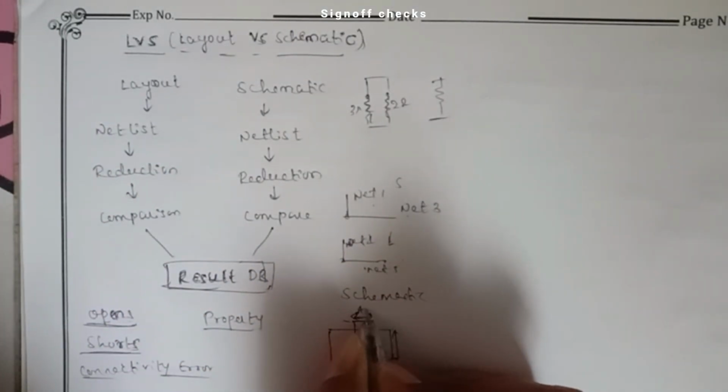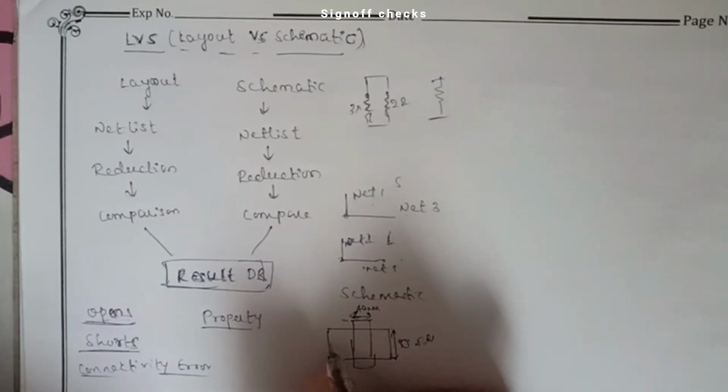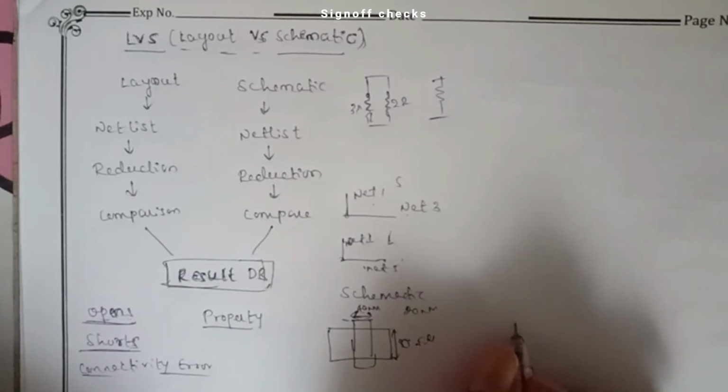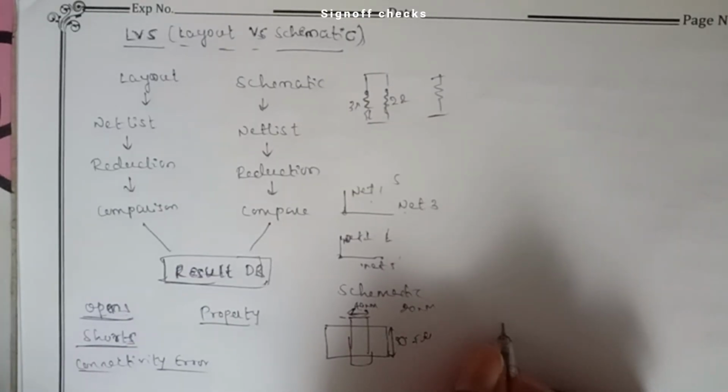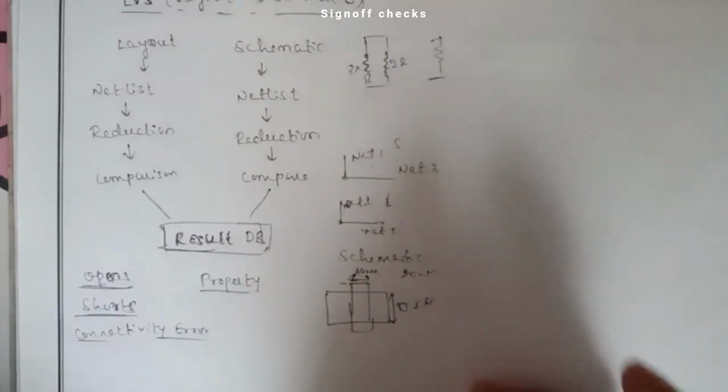If the schematic is like this, but in the layout I keep 20 nano instead of 40 nano, or something other than this, then it will give a property error because our instance will mismatch.